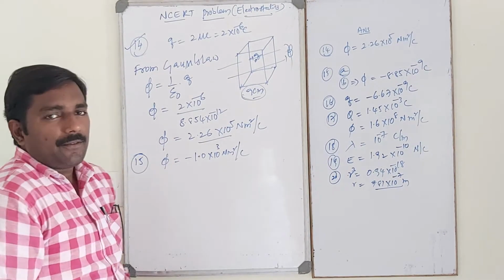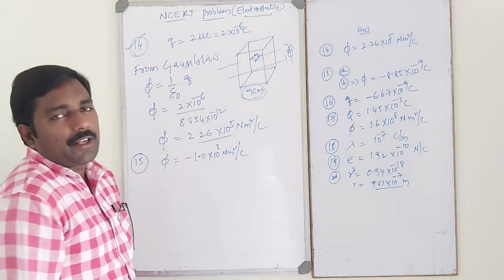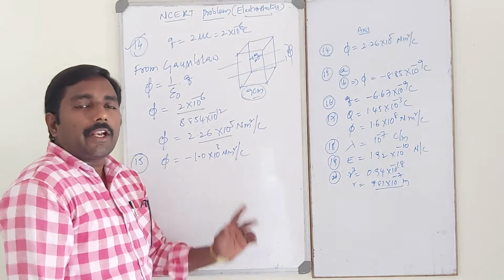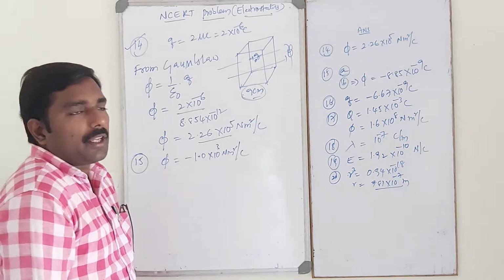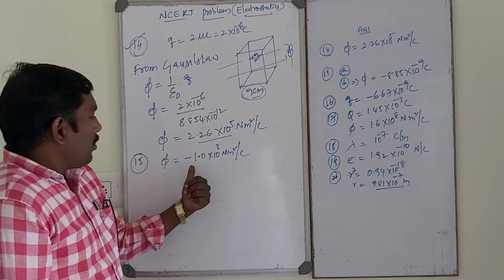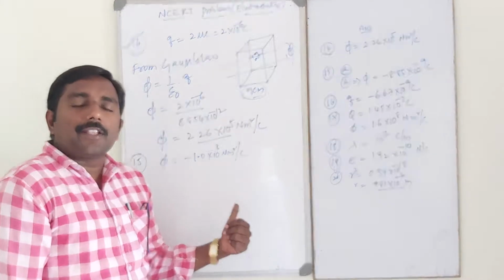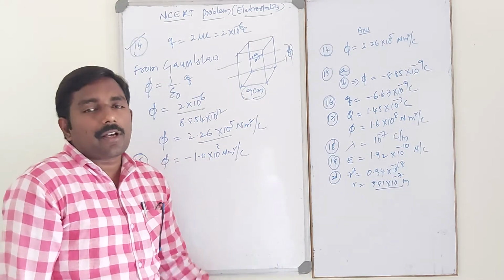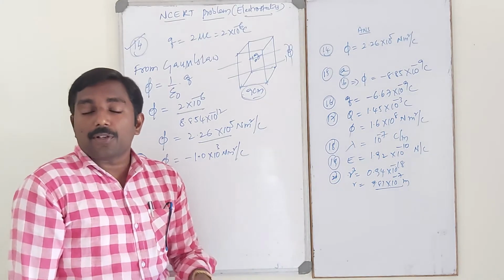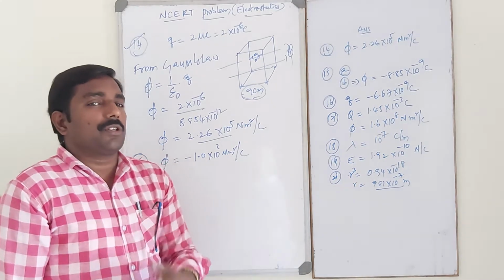This is the flux. Of course, this is the negative flux. Negative flux means the charge will be negative. So a negative charge is placed at the center of the Gaussian surface. In case of negative charges, electric field lines are radially inwards, and in case of positive charges, electric field lines are radially outwards.